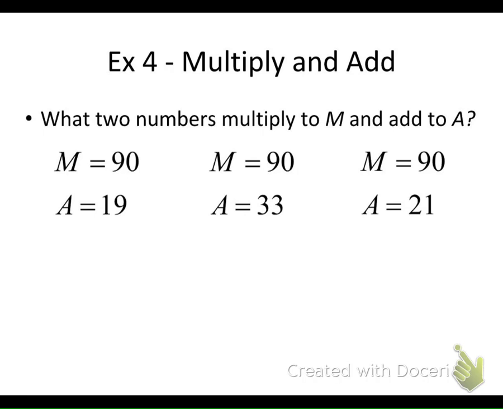So I have 1 times what equals 90? 2 times what equals 90? If you don't know, and you can't find it on your table, just take 90 divided by 2. 45. 3 times what equals 90? 4 times what equals 90?